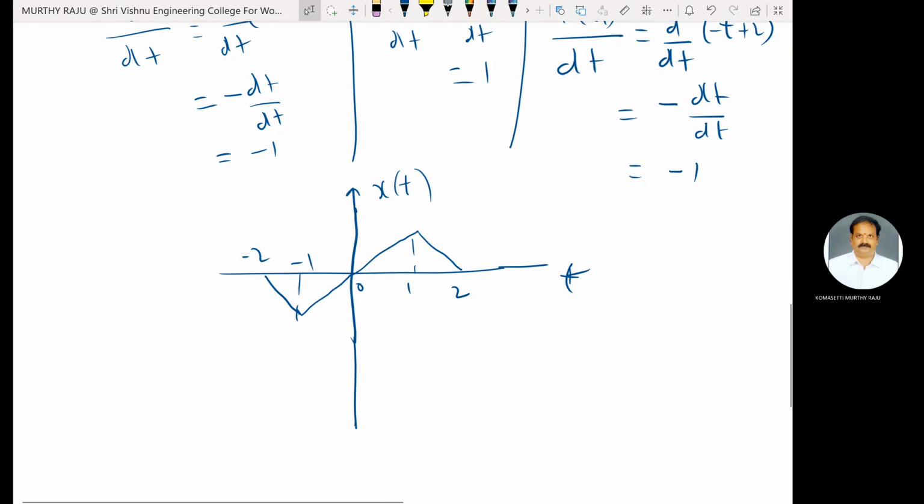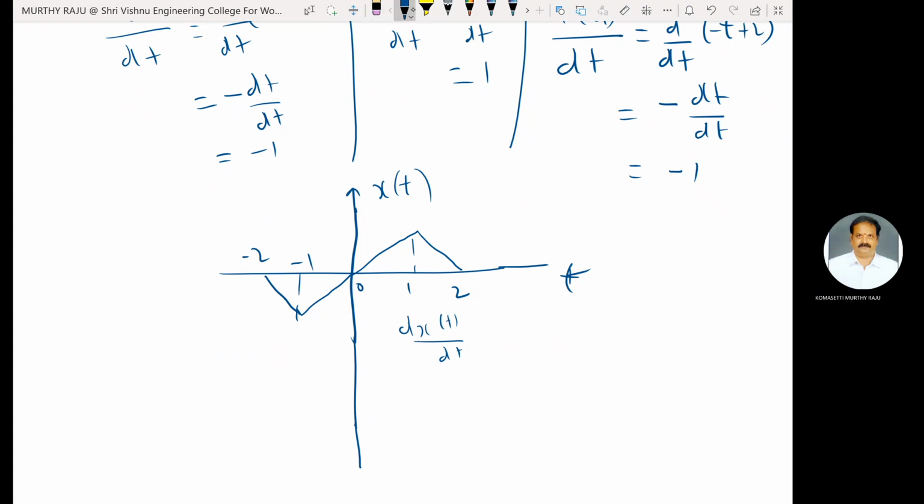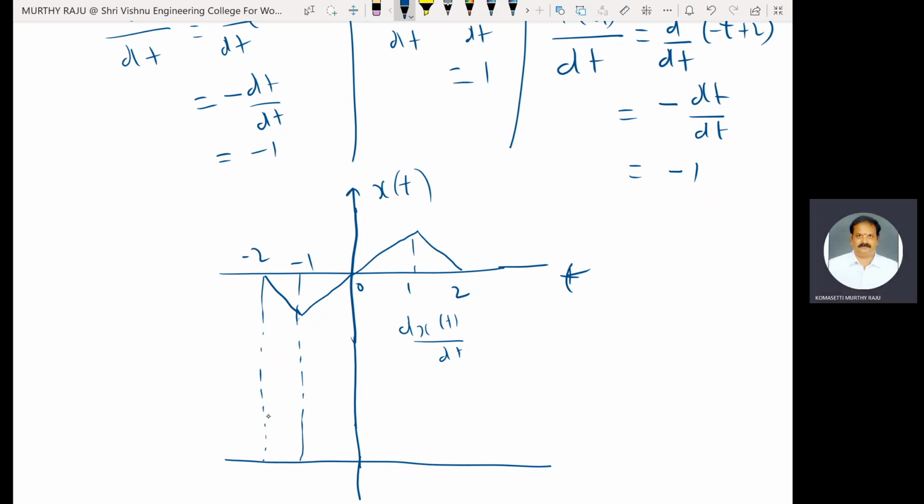In the interval of the first differentiation, dx of t by dt, in the minus 2 to minus 1 range, there is a constant slope. The slope is negative.